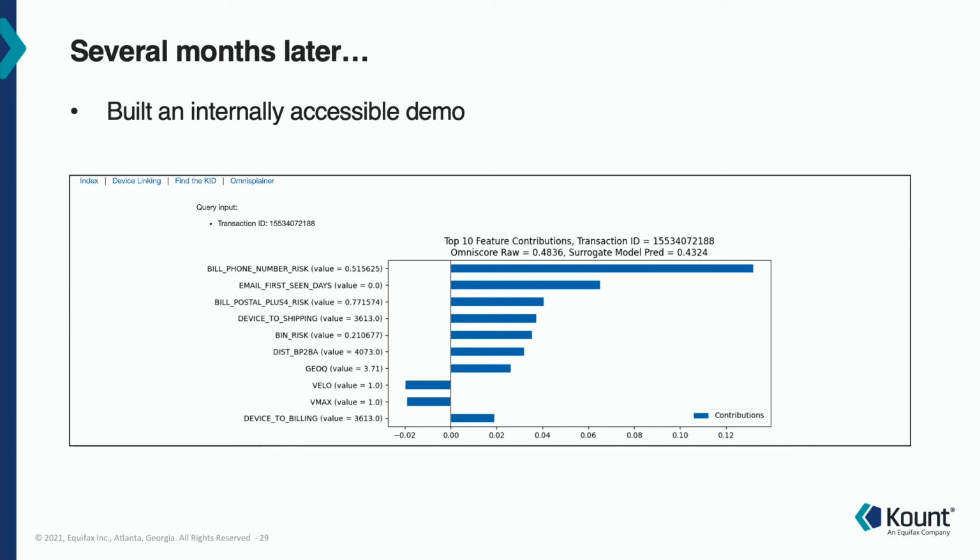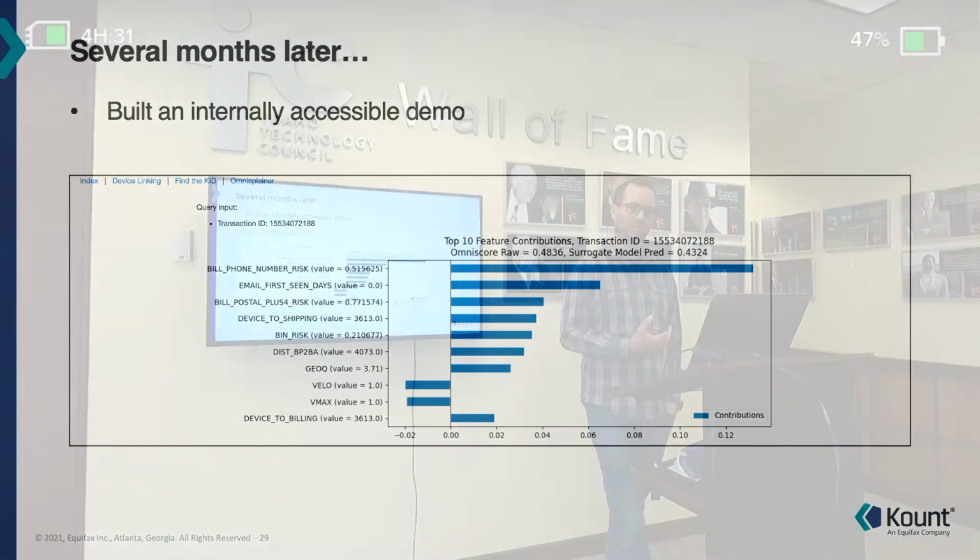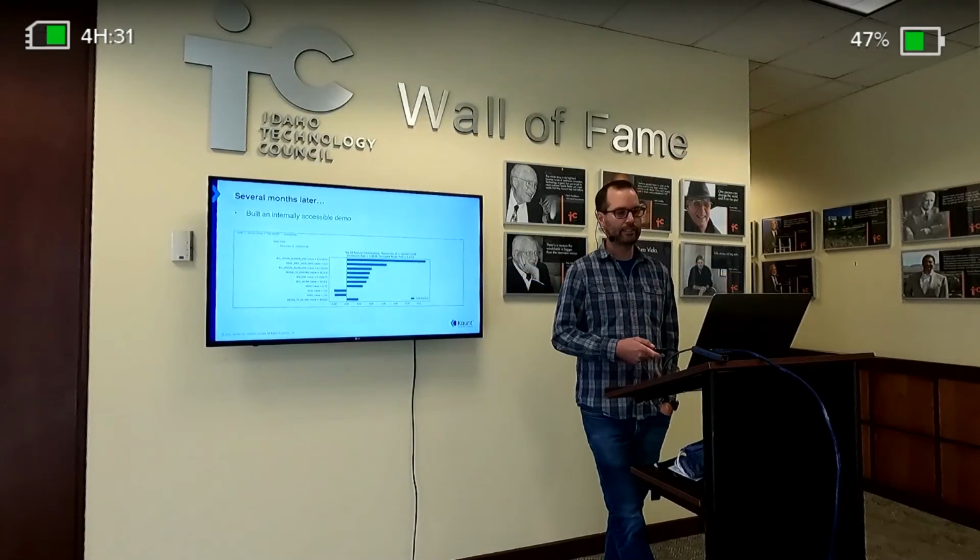I'd spot checked a handful as part of the hackathon and thought this actually kind of makes sense. It seems like it's producing something useful. But again, this was all information that was available on my Confluence page write-up of this project.